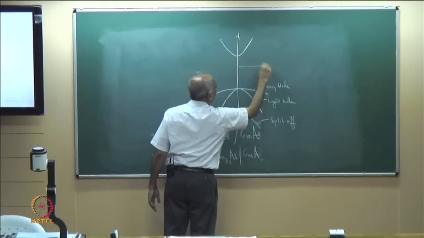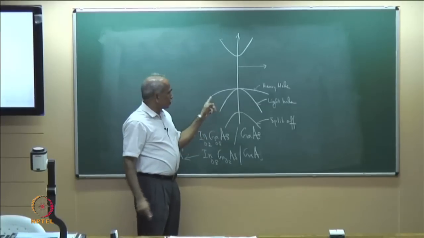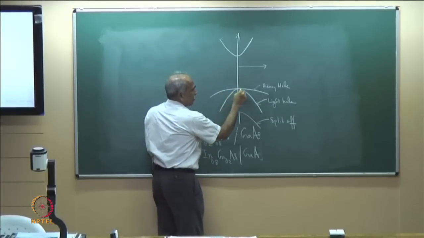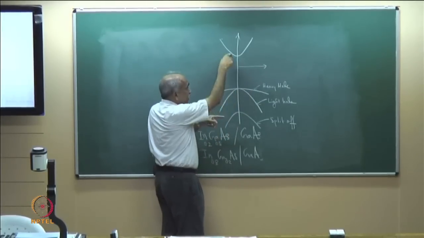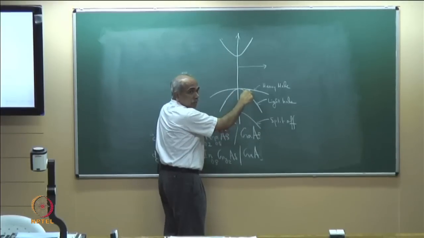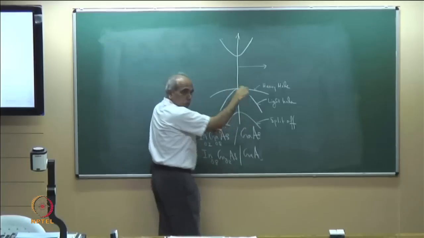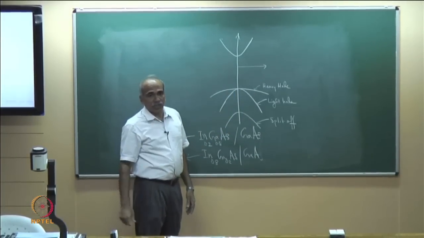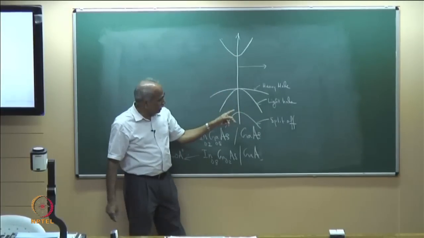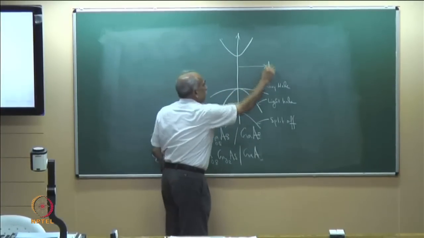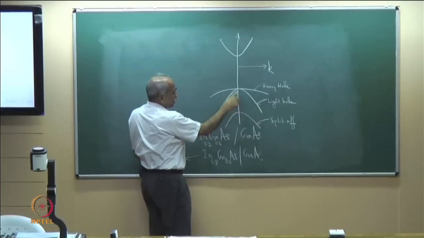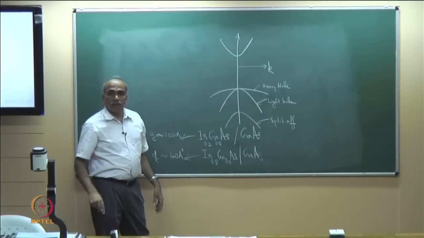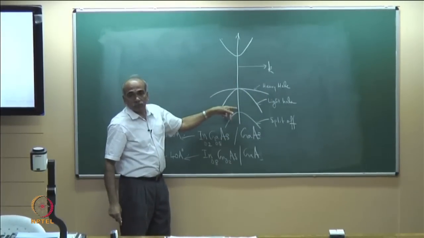The same EK diagram. All the while earlier, I was drawing the uppermost band, because the electrons will get first filled here, or the holes which are interacting will be the holes which are here, and therefore it is this band which is most important in normal circumstances. But when you introduce strain, at k equal to 0, the degeneracy between light hole and heavy hole breaks, and the two bands separate out.